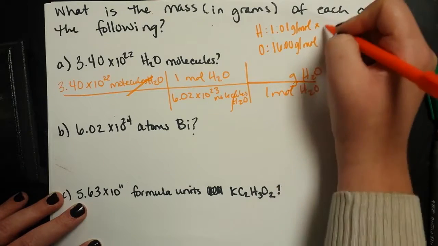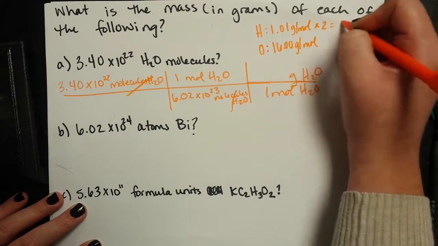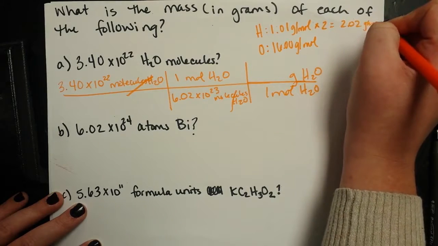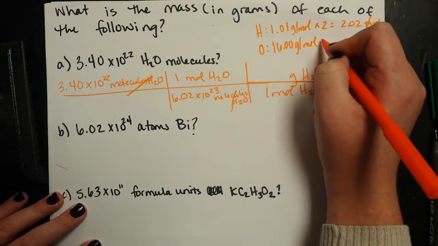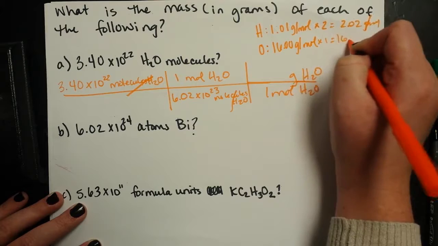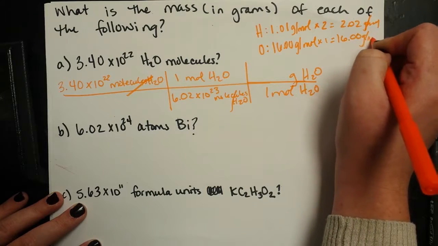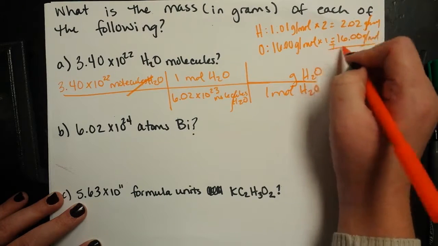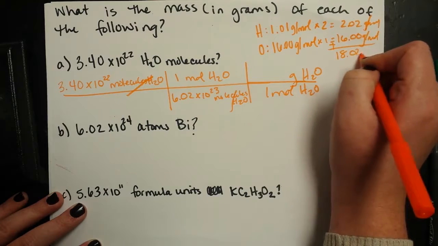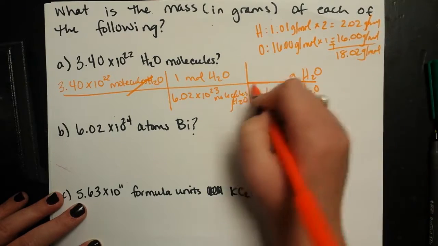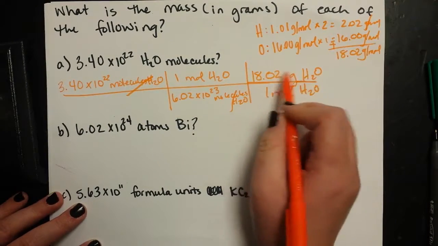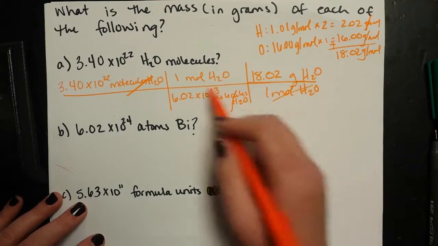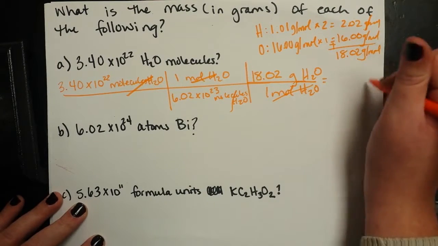We've got 2 hydrogens, so 2.02 grams per mole, and 1 oxygen. So the molar mass is going to be 18.02 grams per mole for water. So there's 18.02 grams for every mole of water. Our moles cancel, and we're going to be left with grams of water.